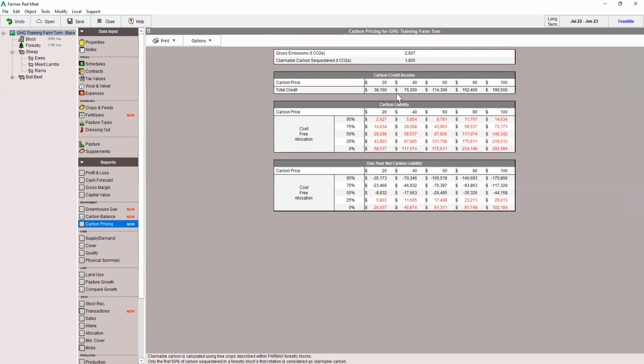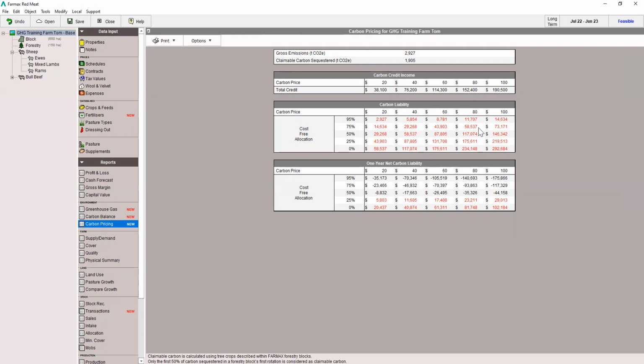And this is some of the financial implications of those two different numbers. With a range of different potential carbon prices, we can see that our carbon credit income is going to vary quite a bit depending on what that price does. And in the second section here, we can see the potential carbon liability from the gross emissions from stock and fertilizer and so on. Again, we get a range of different carbon prices.